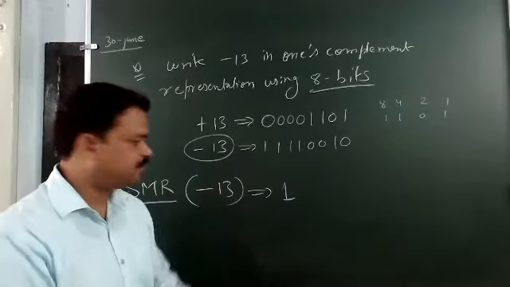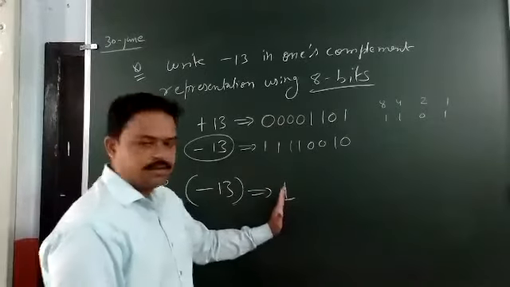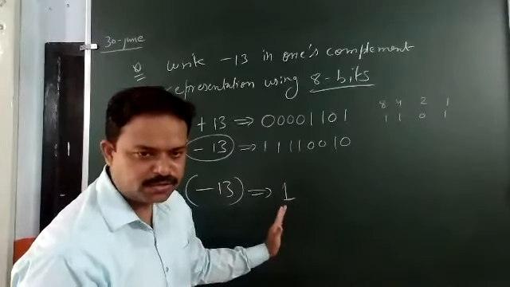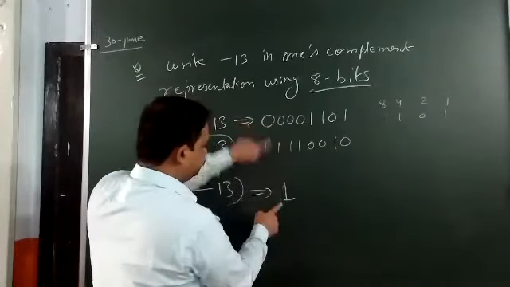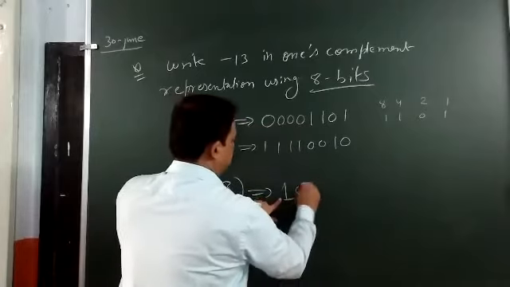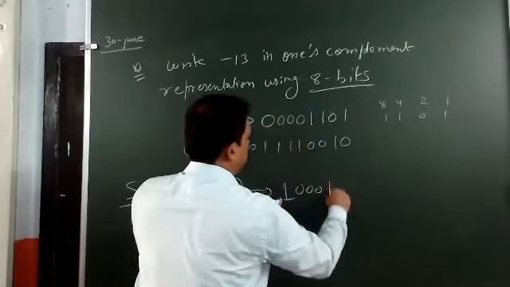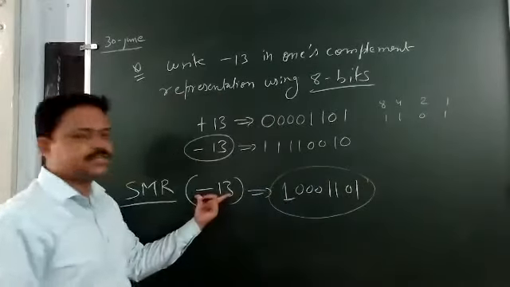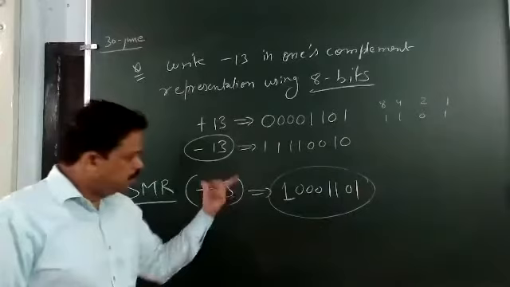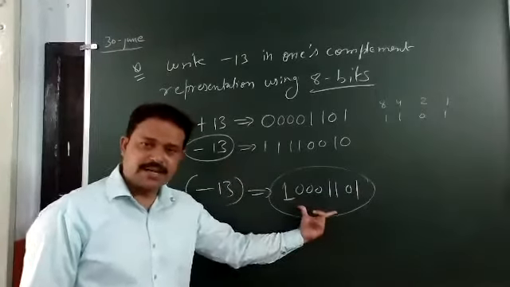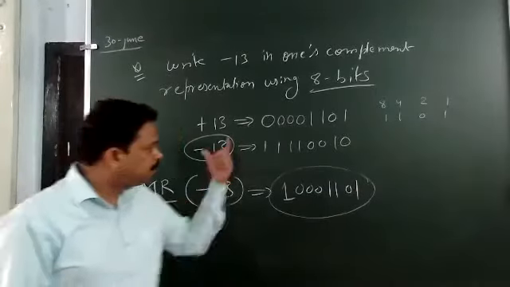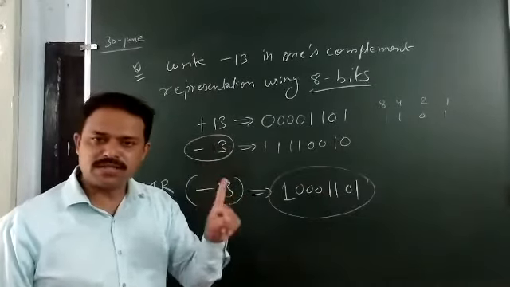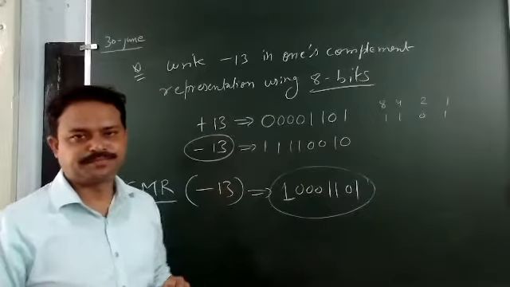Yesterday only we discussed this. Write down here 1, then 0 0 0 1 1 0 1. This is the representation of minus 13 in sign magnitude representation, and this is the representation of minus 13 in one's complement form.